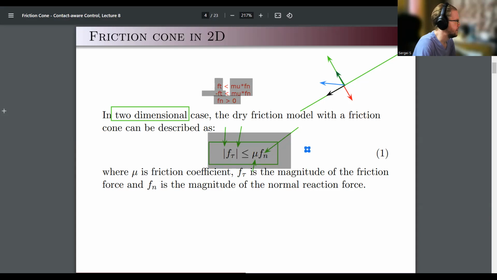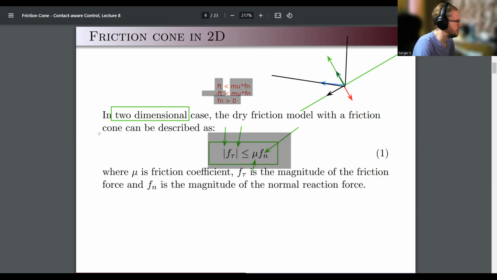Geometrically, this friction cone is a two-dimensional cone. It looks like this. It's basically two lines, and admissible directions lie all within those two lines. Let's see if I can draw it.